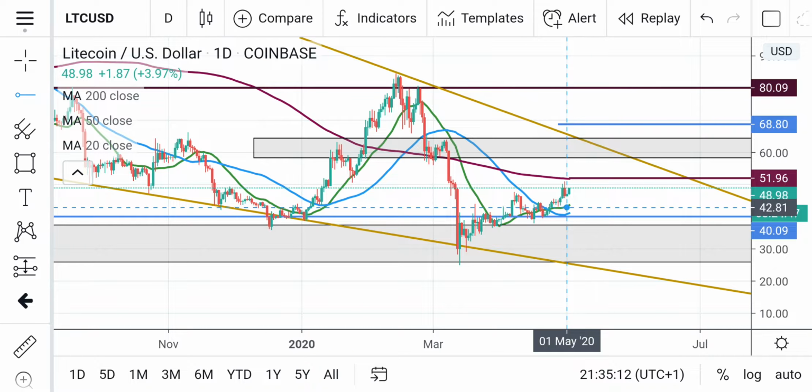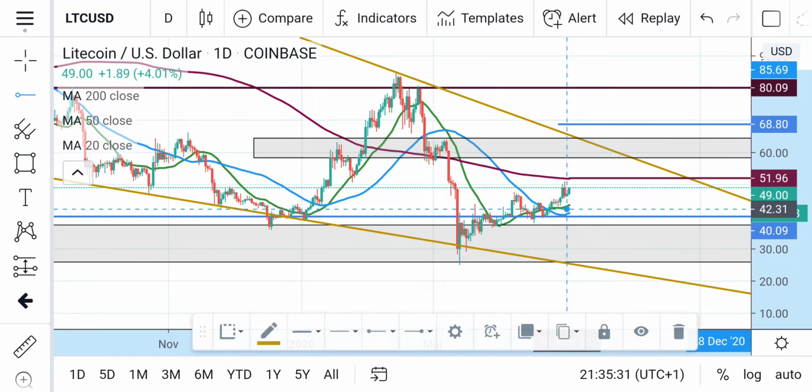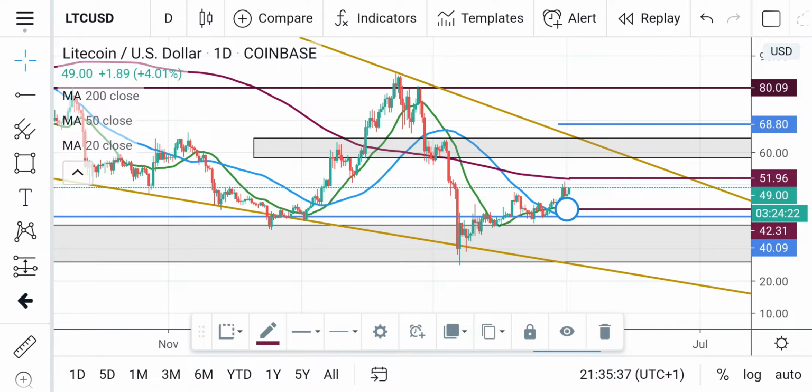So if I see the 20 and 50 in close range like this, I don't just pick one area to put my horizontal ray. What I do is put it between the two to use as my line of support.